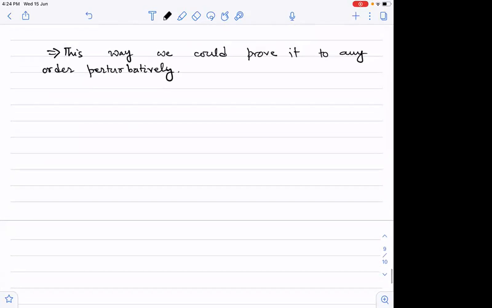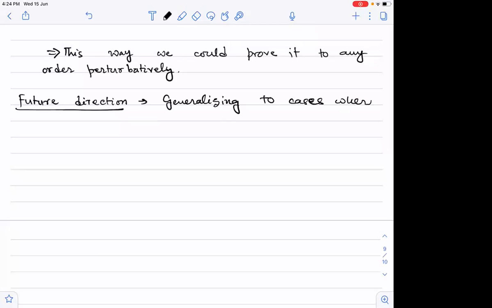One of the future directions he suggested is whether it could be generalized to cases where the solution does not admit a smooth alpha to 0 limit.